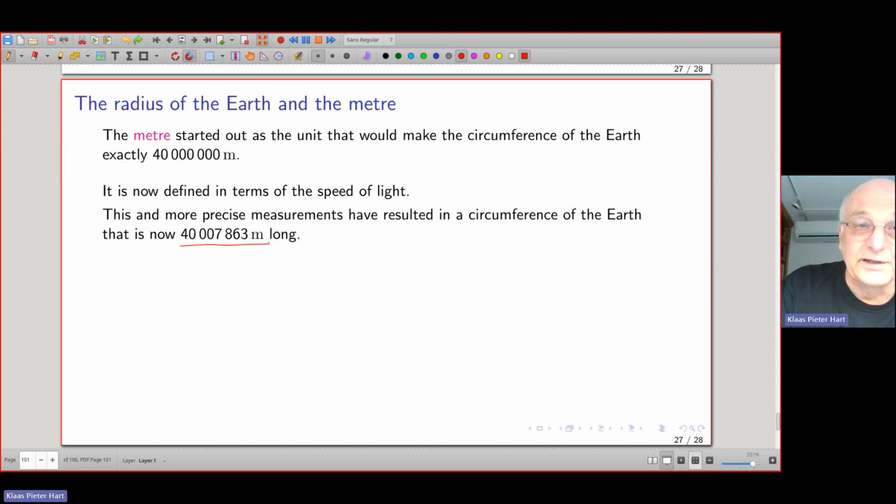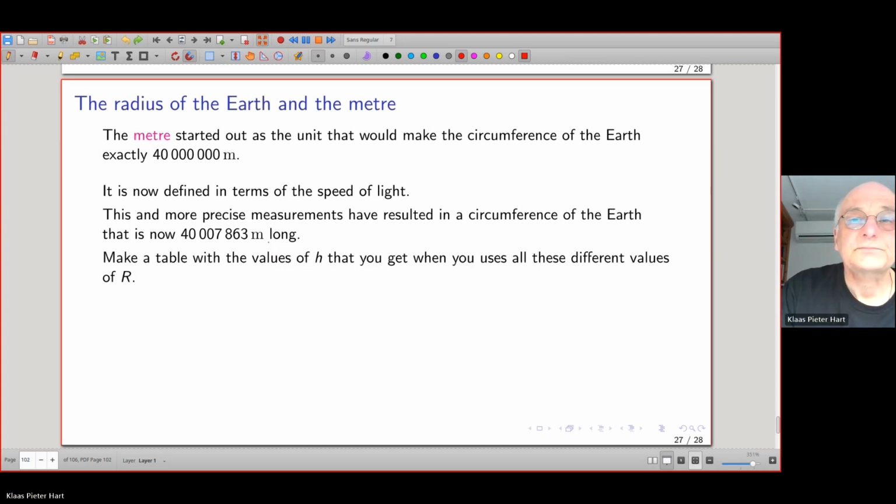So you can do the calculation from 2004 again to see what happens if you take this length of the circumference, and you will see that the rope goes up a little bit higher than we had, but only a little bit more. You can make the tables yourself.